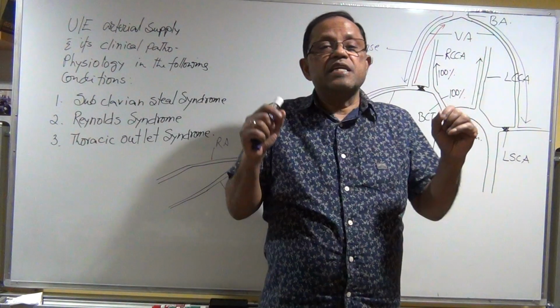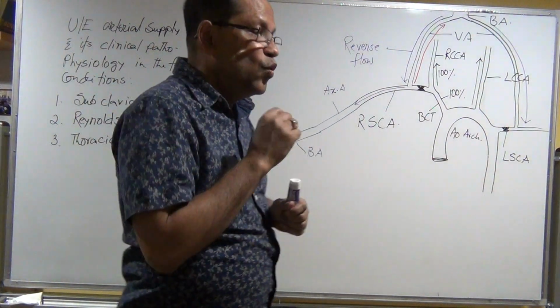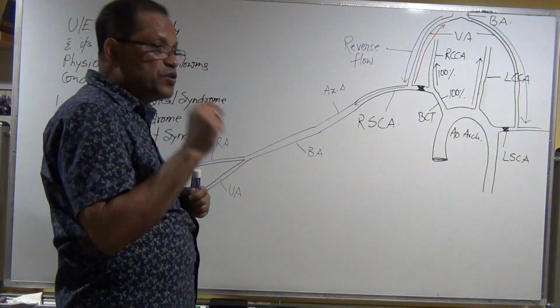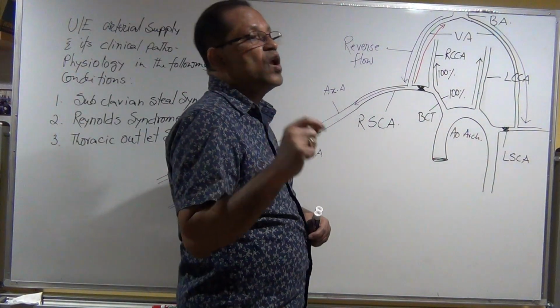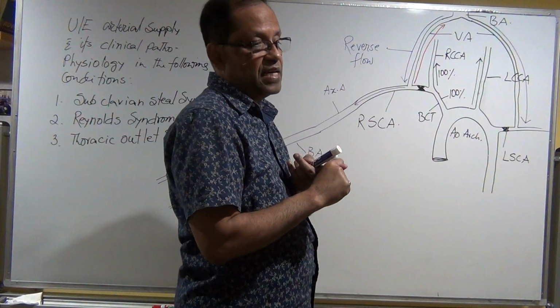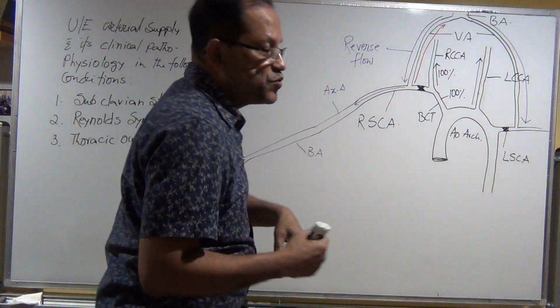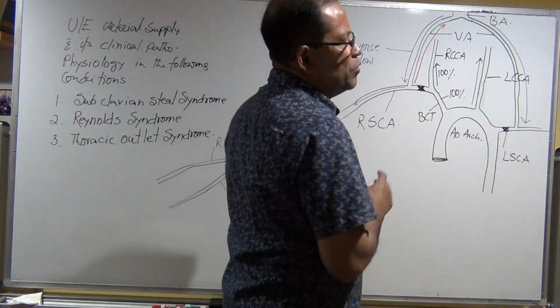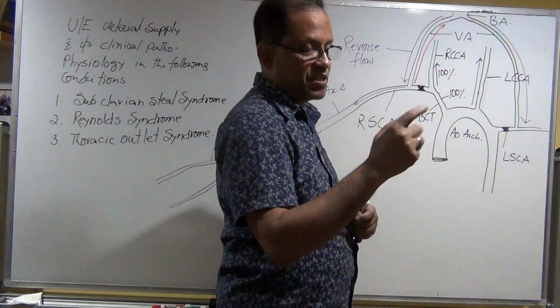And we do the vertebral artery Doppler in the carotid protocol. We need to evaluate the vertebral artery along with the common carotid artery, ECA and ICA. Okay, so the vertebral artery will show the reverse flow.